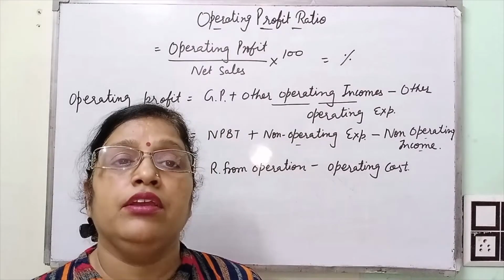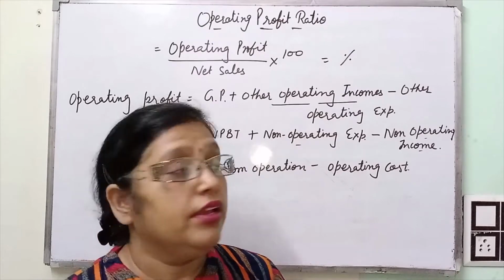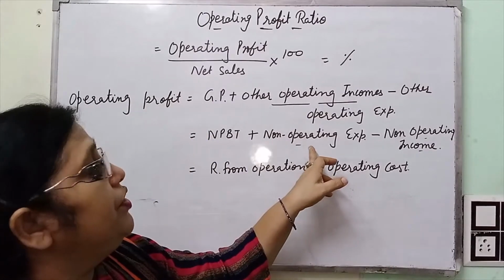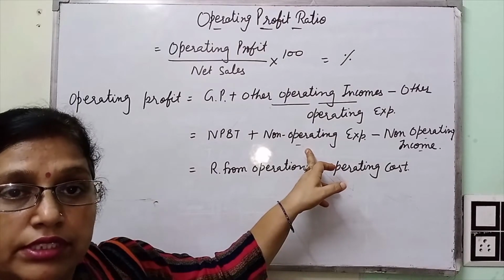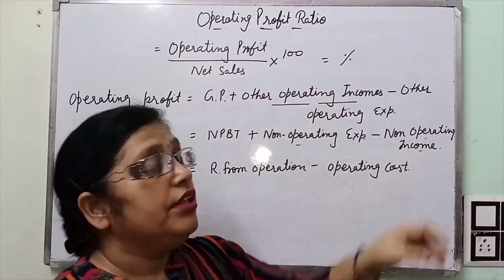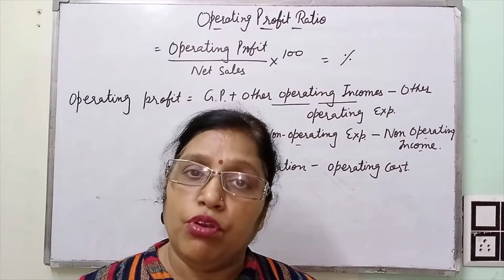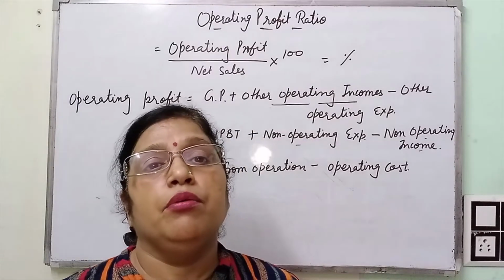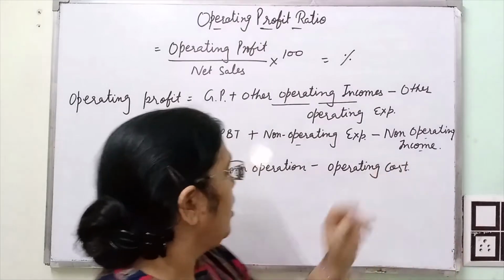They are like loss on sale of non-current assets, payment of dividend, payment of loan, interest on loans and advances. And in case of non-operating incomes, they are the incomes which are related to non-operating items like profit on sale of non-current assets.